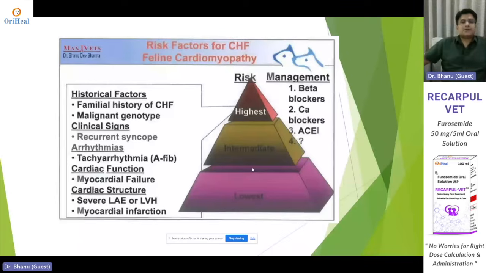So you have to consider all these, and then you come to a treatment protocol.